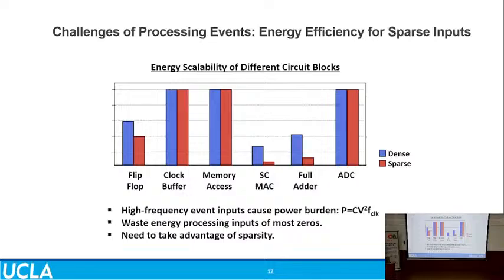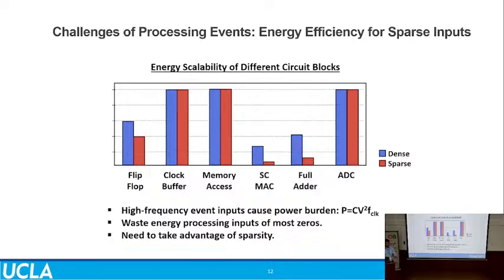I might save a little bit in the MAC because I'm shuttling zeros here and there, but again, not a big deal because I'm still spending energy in clocking, flops, memory access, and in case this was an analog accelerator, even the ADC, etc. So unless I can actually leverage sparsity directly, just throwing sparse data onto a normal digital accelerator is not going to be of much use.